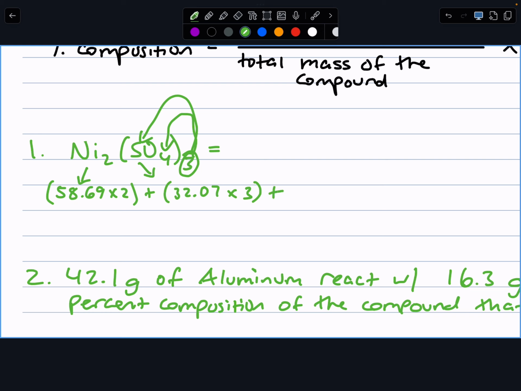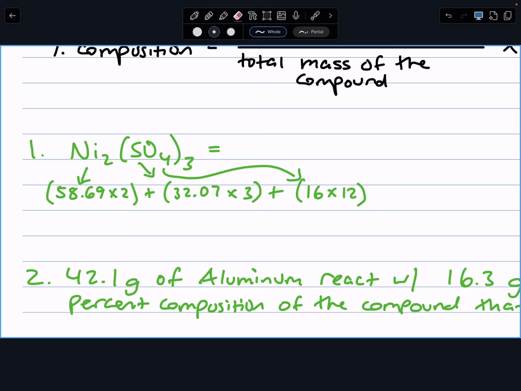Plus, now the oxygen guy. How much does he weigh? Beautiful, but how many do I have? 12. Yes, 4 times 3 is 12. So I have to times it by 12. Again, you distribute the number on the outside. The number that's right here distributes, times by 4, times by 1.